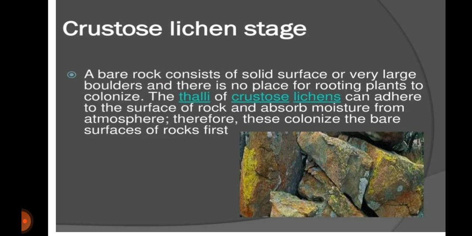In this crustose lichen stage, which is the pioneer stage, the crustose lichens are the pioneer species that colonize the bare rock. They are subjected to extremes of temperature. The substratum is also very poor in moisture and organic matter.